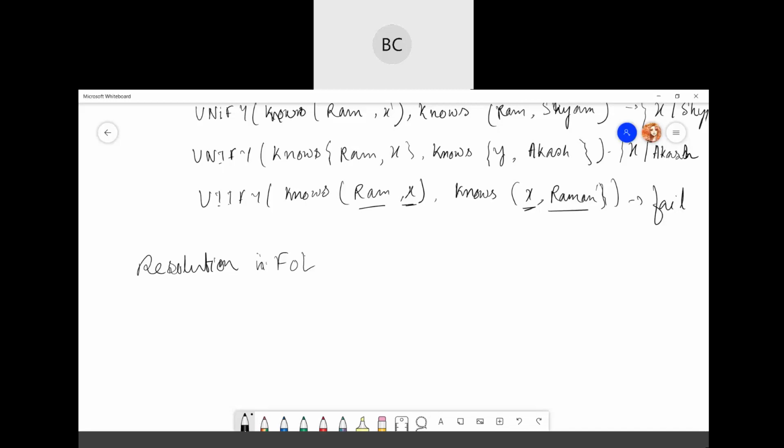That means proof by contradiction. It will prove anything by contradiction.